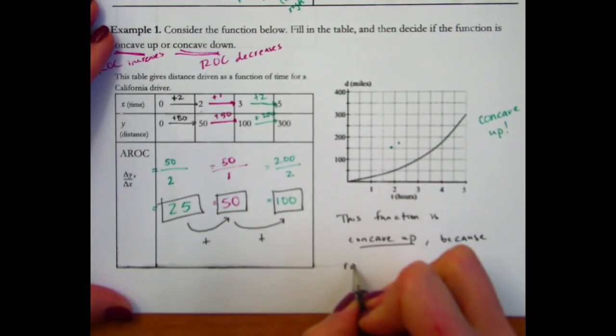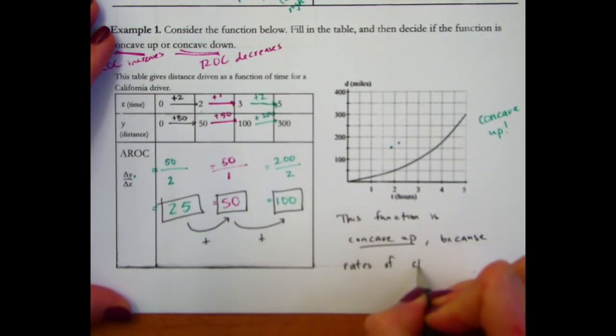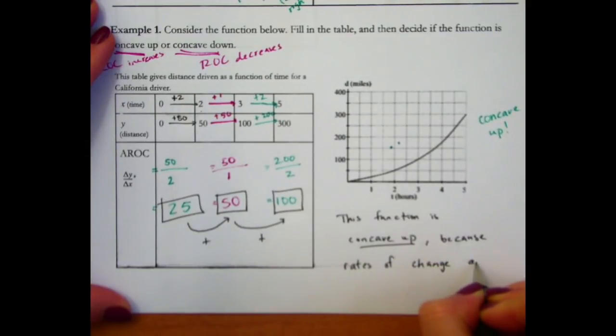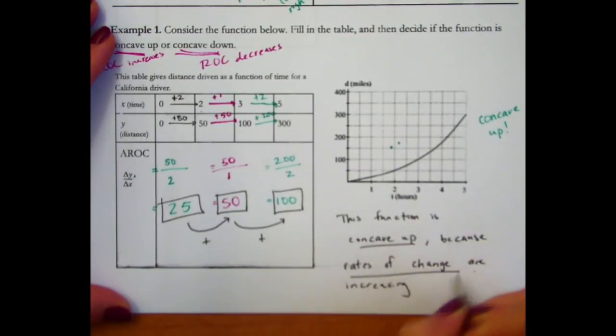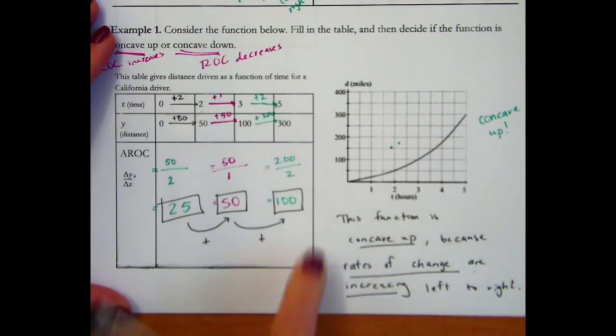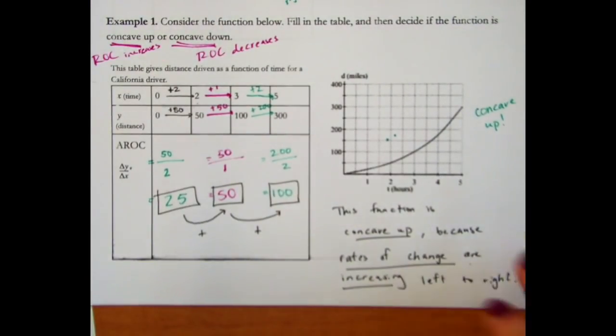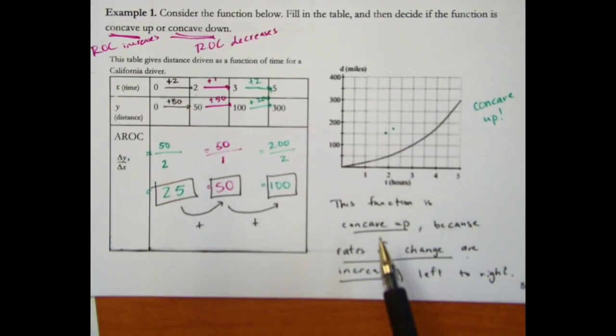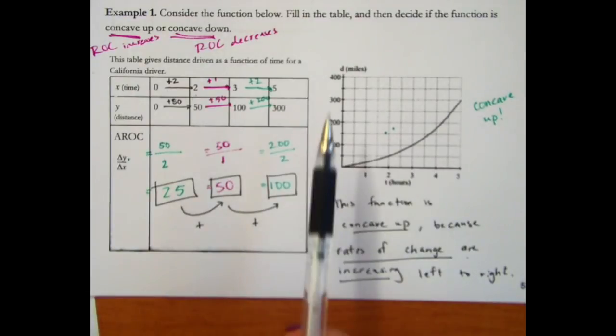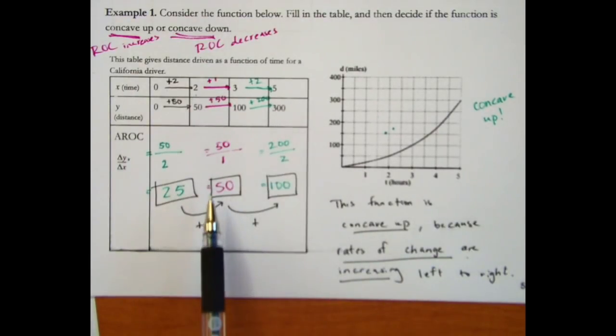So we'll say because rates of change are increasing left to right. So you'll want a full sentence using all of the rich vocabulary words that you know: concave up, rates of change increasing left to right. And then you'll also need to show your mathematical work as evidence for your final answer.